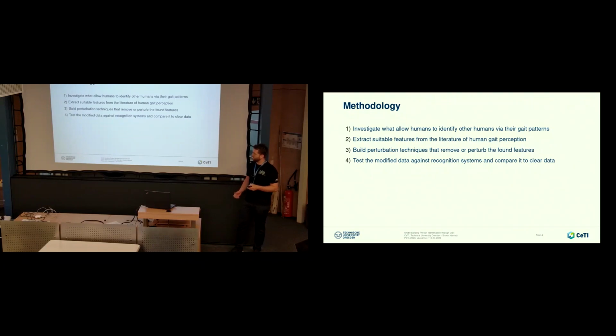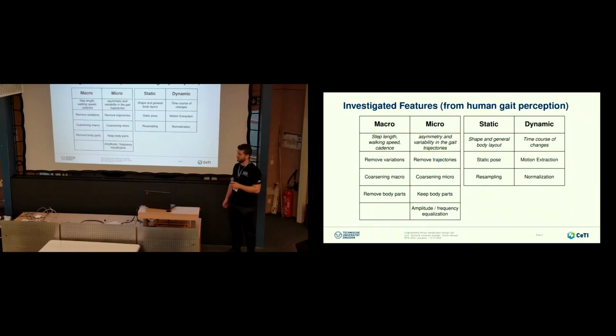So we then can compare how the recognition works on that. And then in the end, we trained a recognition system on this modified data to see what precision we get on that.